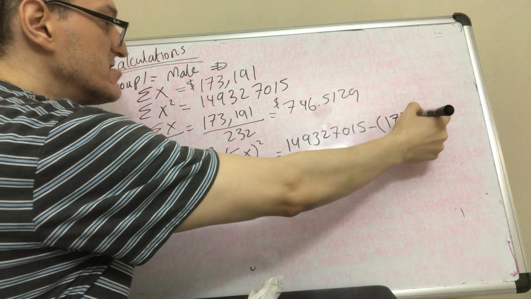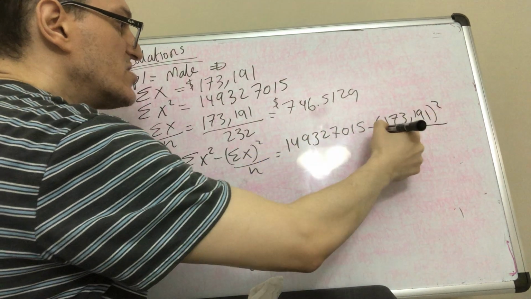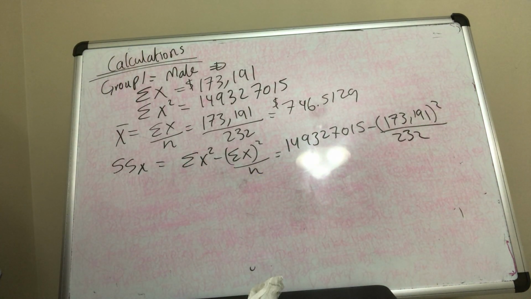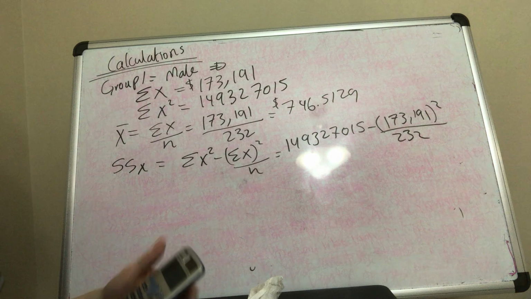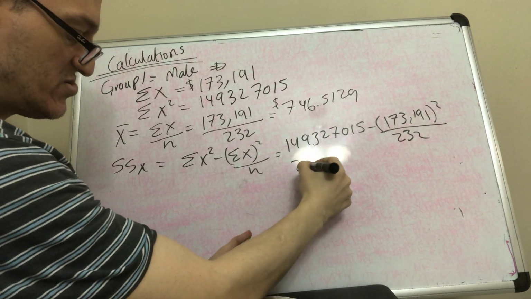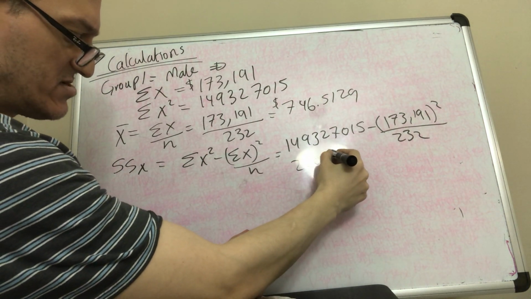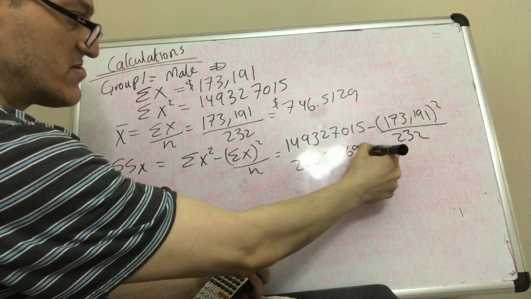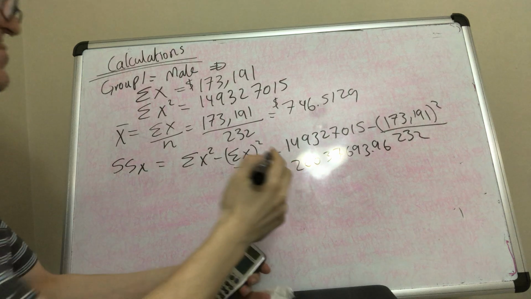The sum is this, you square, and there are 232. 149327015 minus 173191 squared over 232. This is the number 20037699396.